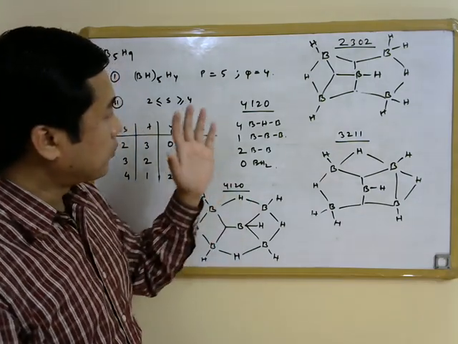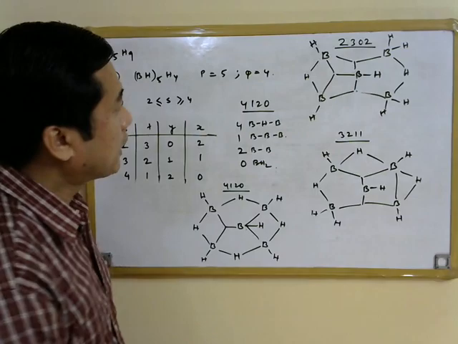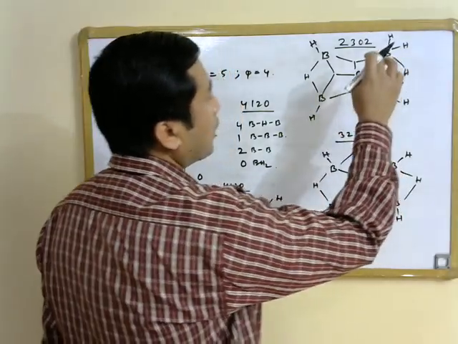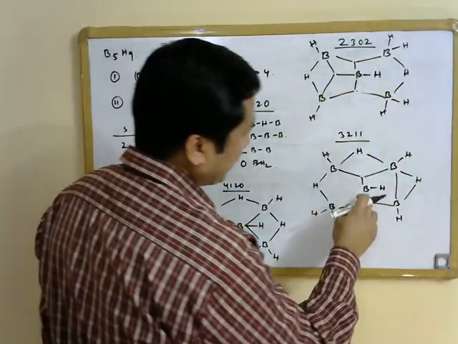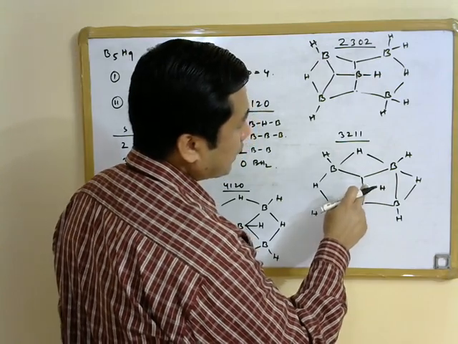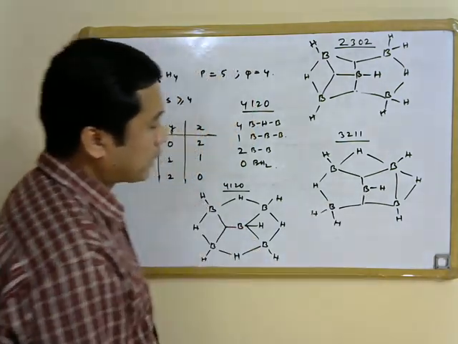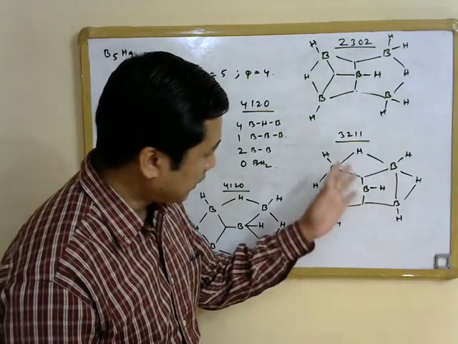In the earlier case we have seen that it is participating in 3 3 center 2 electron linkages, while in the other case it is participating in 2 3 center 2 electron linkages.